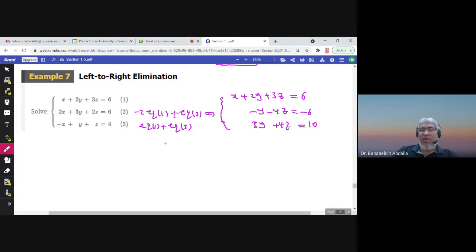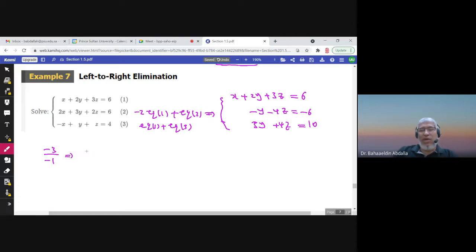So we said we do what? The coefficient of y is negative 1, so I divide by negative 1, okay? And I multiply by the opposite of this coefficient, which is negative 3. So in fact, I need to multiply the equation 2 by 3.